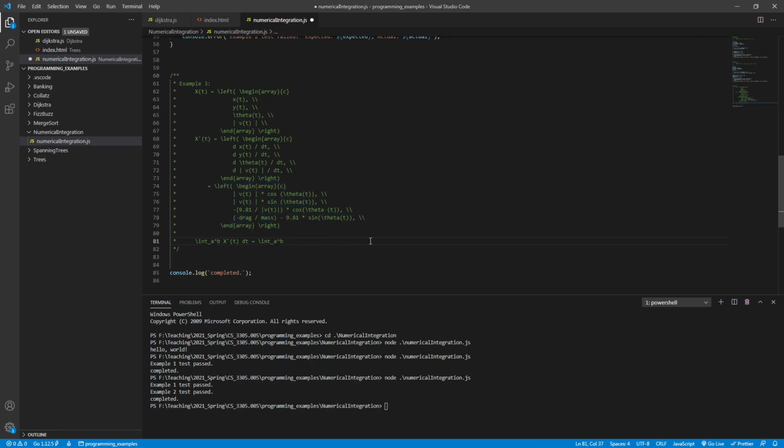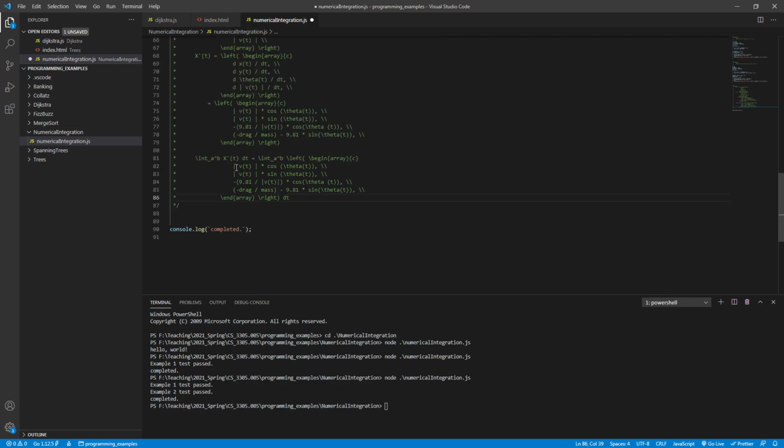Well, that's the same as this. And then there's that dt at the end. Okay, so how can we possibly represent this? Well, it's an array, right? Okay, so in order to consider this problem, we have constants, right, that we need to define.